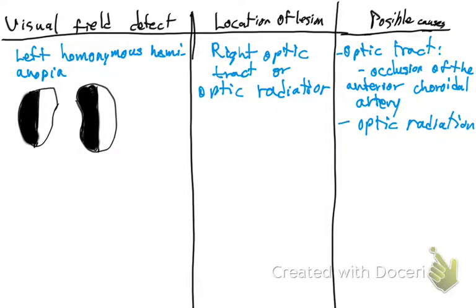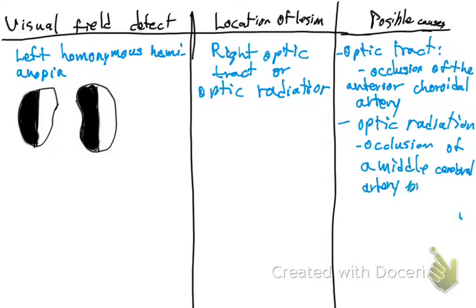This optic radiation lesion is due to occlusion of a middle cerebral artery branch, or a lesion involving the posterior limb of the internal capsule.